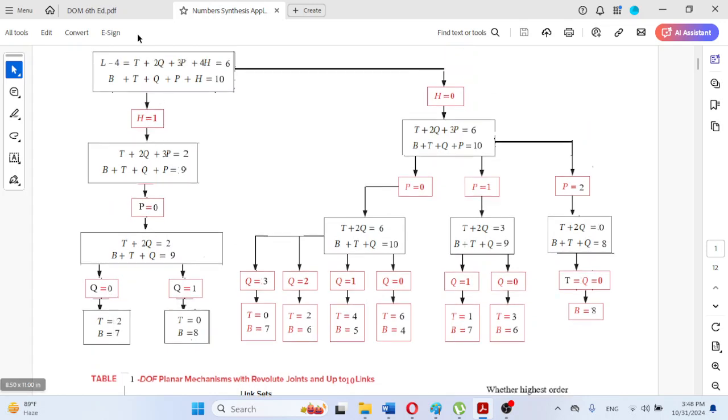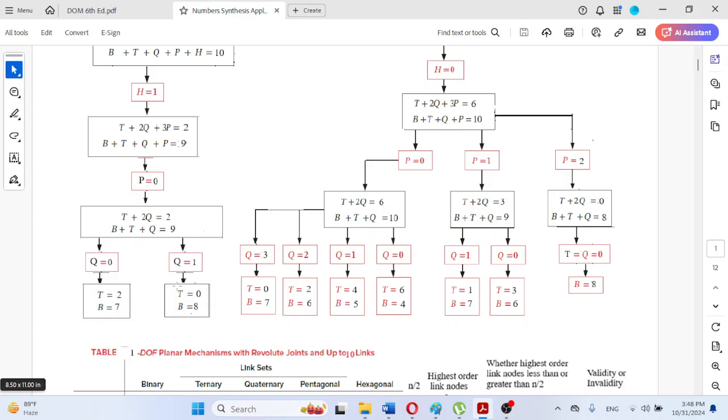So 7 plus 2 plus 1 is equal to 10. So if hexagonal link is 1, the first set has been obtained: binary 7, ternary 2 and hexagonal 1.